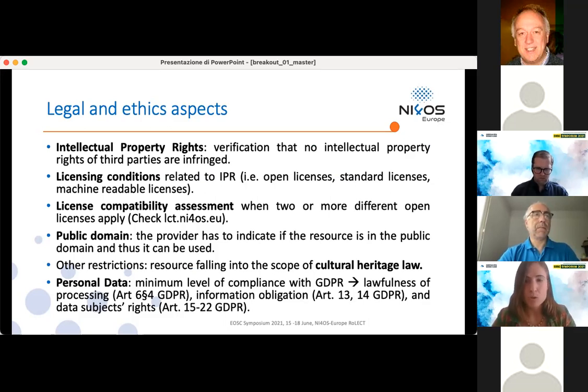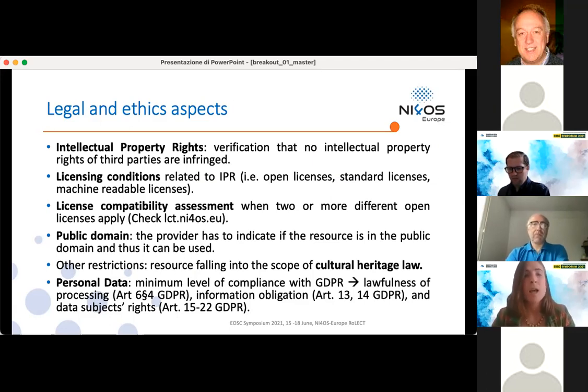Then, if the resource contains 2 or more different open licenses at the same time, a compatibility assessment has to be made. And at this stage, it is worth mentioning that we have created another tool, LCT, License Clearance Tool, that has been designed exactly for this object to face those legal challenges related to the compatibility assessment of open licenses.